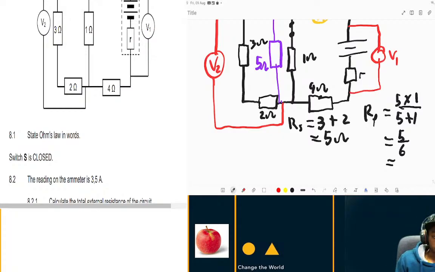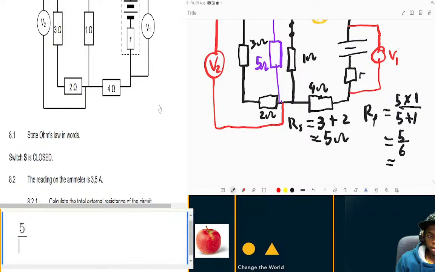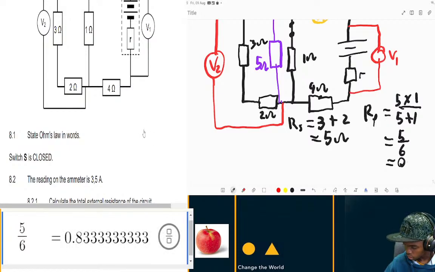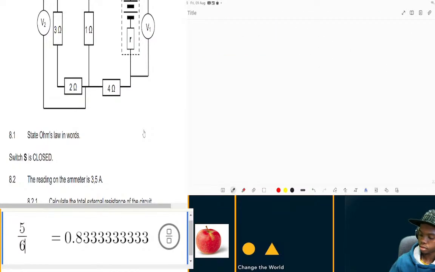So let's pull up our calculator and say 5 divided by 6. So we get 0.833 ohms, let's do it to 3 decimal places. Right, we're still measuring resistance.